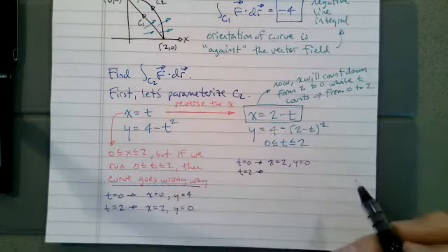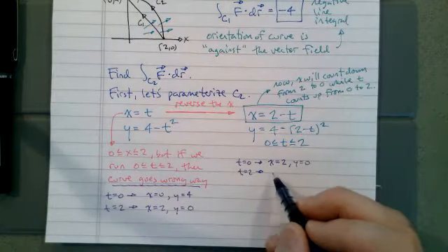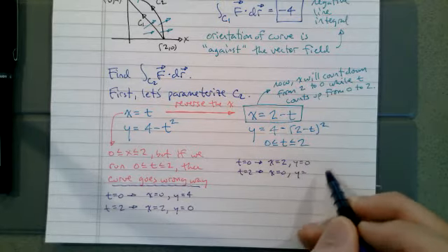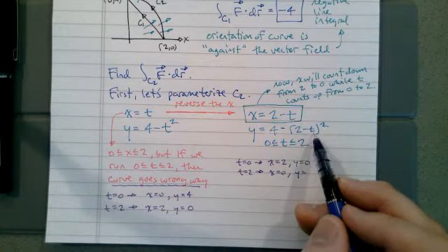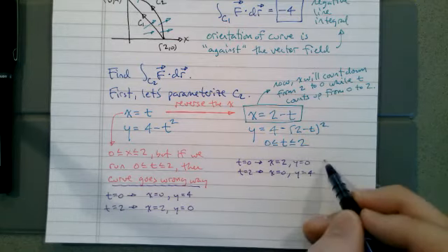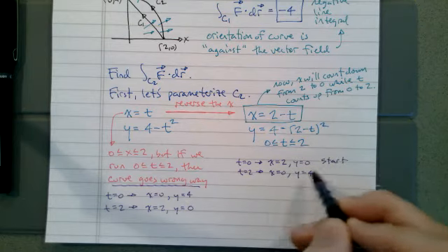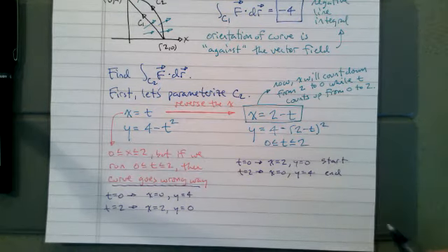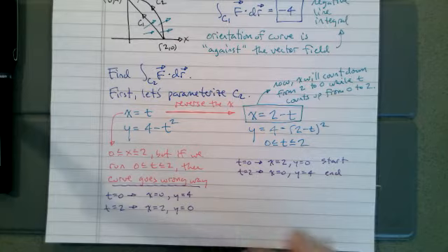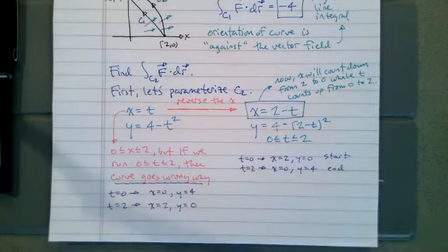Now when t is equal to 2, x is equal to 0, and y will be 2 minus 2 is 0 squared, 4 minus 0 is 4. So now our start point is at 2, 0, and our end point is at 0, 4. Whereas before, our starting point was 0, 4, and our ending point was 2, 0. That was backwards.